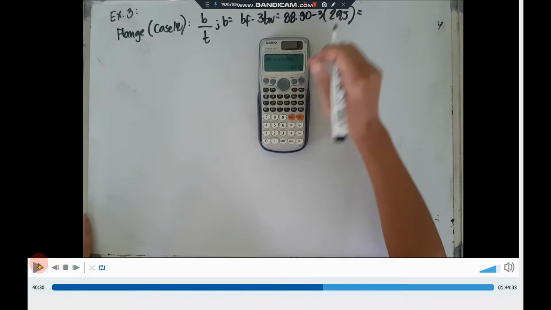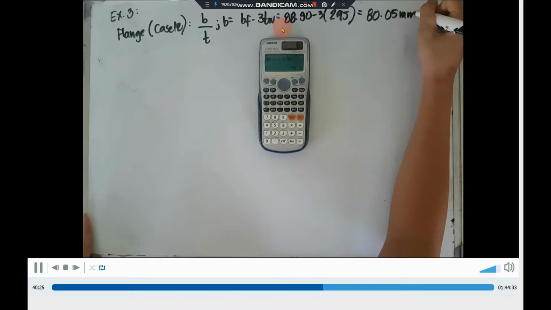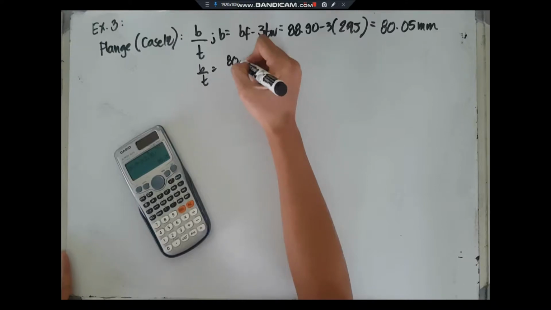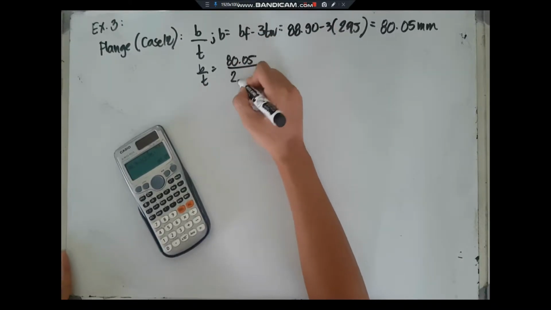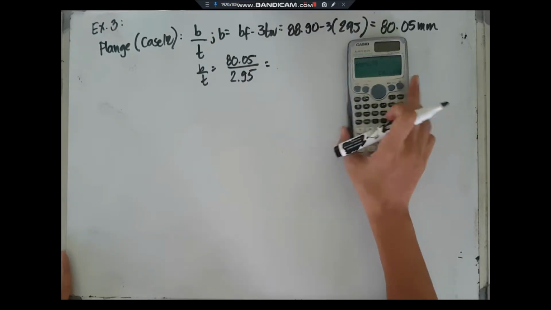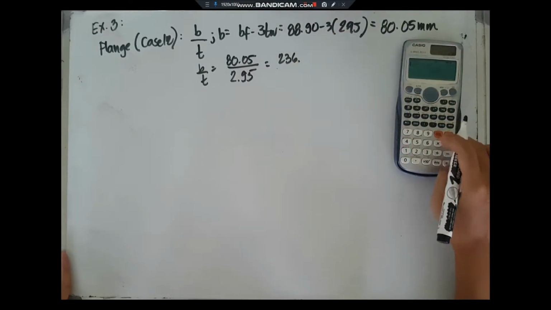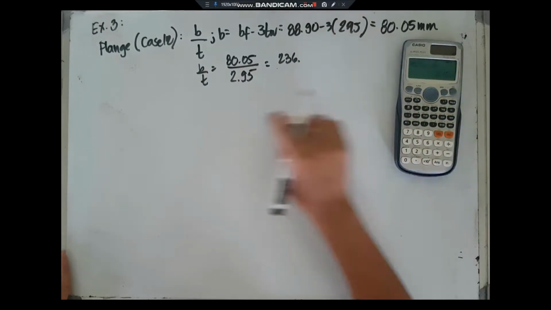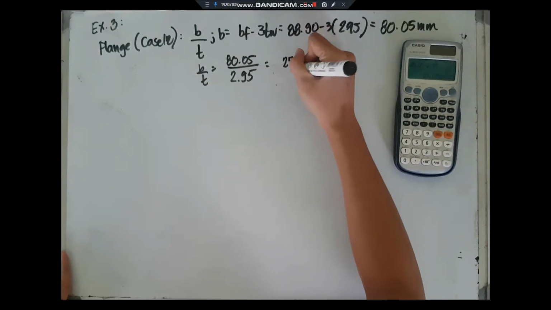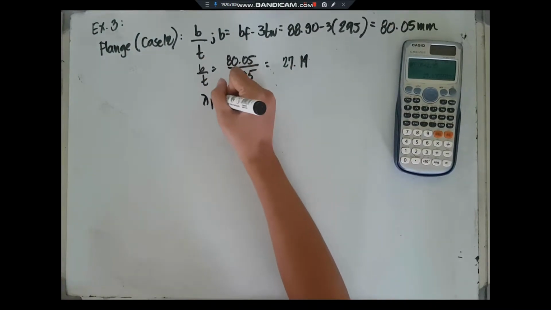That's why we adopt this formula in determining the B. Therefore, our width thickness ratio would now be equal to 27.14.